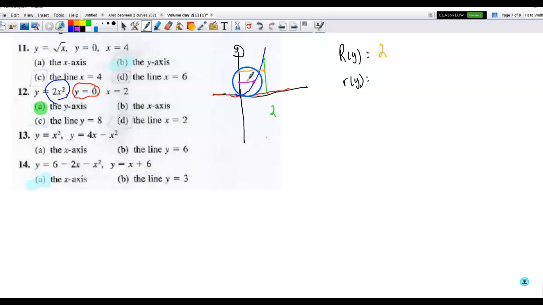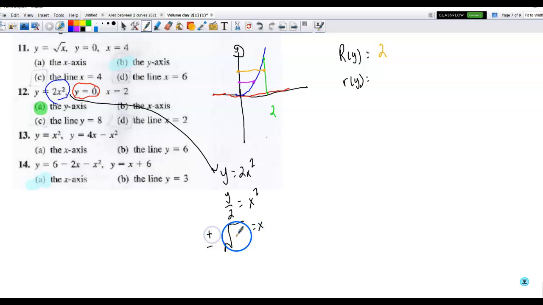So little r of y is from the blue parabola to the y-axis, but we're supposed to be in terms of y. So I'm going to take my y equal to 2x squared, and I'm going to get x by itself, so I have y over 2 equal to x squared. X is equal to, this is really important, plus or minus the square root of y over 2.